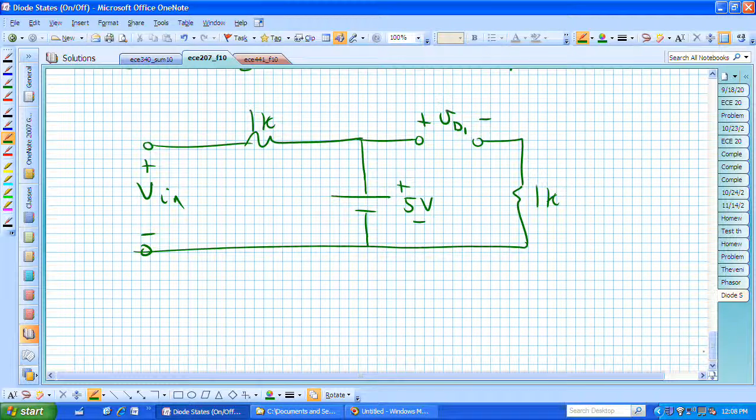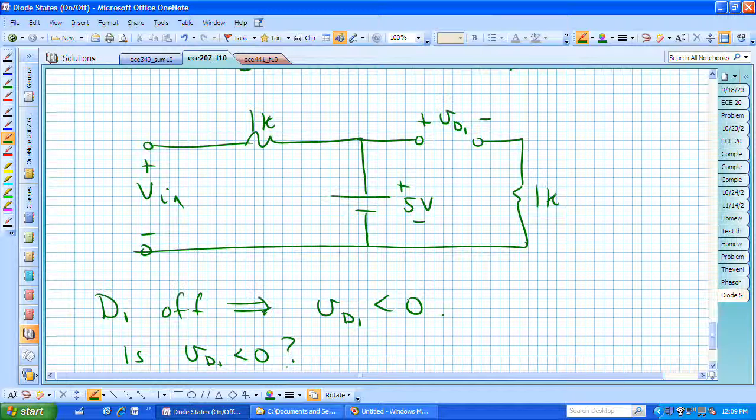If diode 1 is to be off, that requires VD1 to be less than 0. And so we can say, is VD1 less than 0? And hopefully by looking at this KVL equation, we see that minus 5 plus VD1 plus 1K, and there's no current flowing through this branch since there's an open there across the diode.